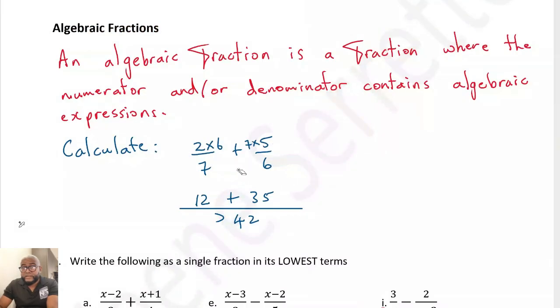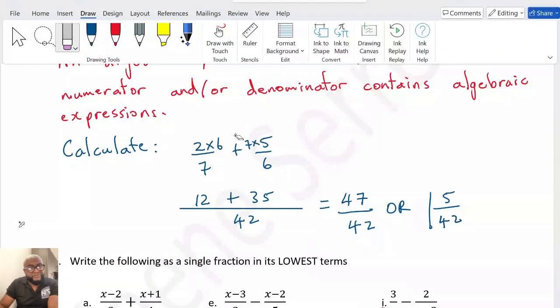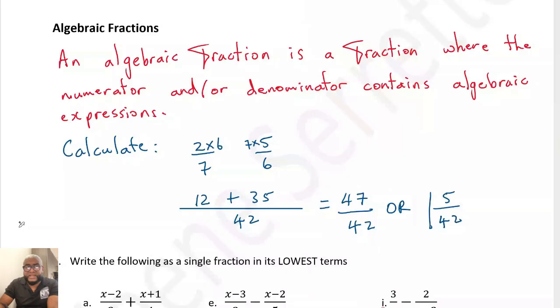So you can now add the numerators. 12 plus 35 will give me 47 over 42 is my answer. Or you can write it as what? 1 and 5 over 42. Okay? That's how you do a normal addition or subtraction. Subtraction is the same thing as this, it would just have subtraction in the middle here. Cool?